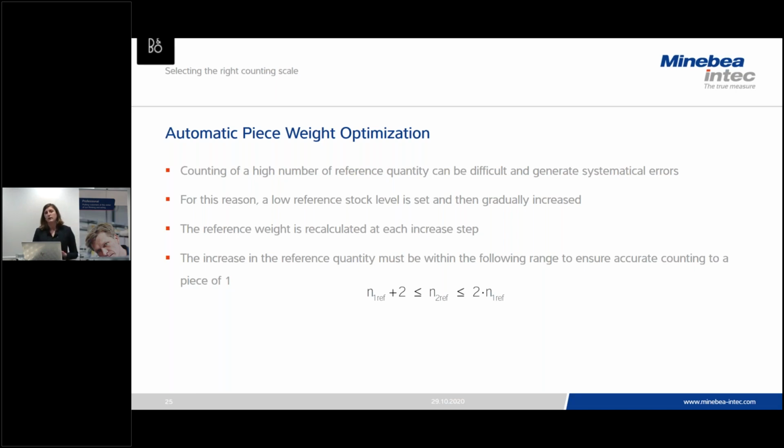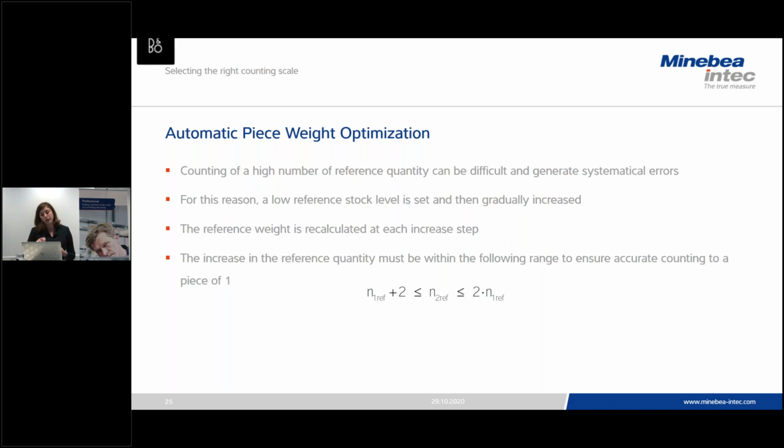In this case, you can set a low reference stock level and then gradually increase it. For example, you put 10 pieces on the scale and say, this is my reference quantity, and then you can put more screws in there, and the reference weight is recalculated in each step.